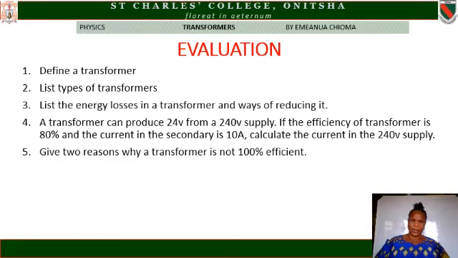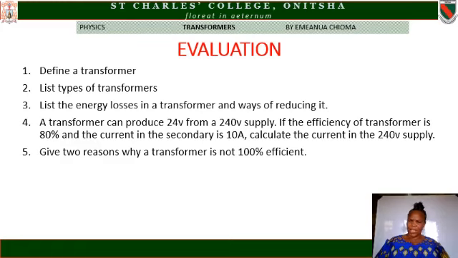Number 1 question is, define a transformer. Number 2, list types of transformers. Number 3, list the energy losses in a transformer and ways of reducing them. Number 4, a transformer can produce 20V from a 240V supply.